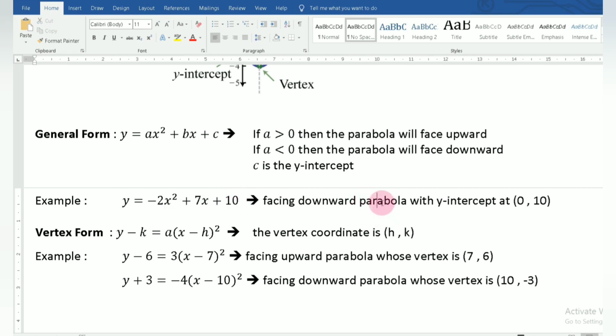One method is converting this into the vertex form. After you convert this form into the vertex form, then I can get the h and k as my vertex. And that's what we will discuss further.